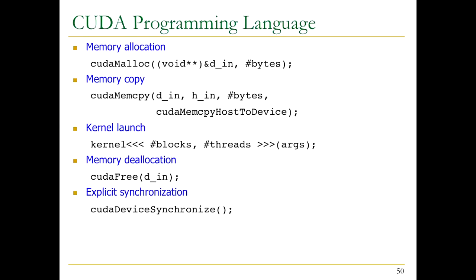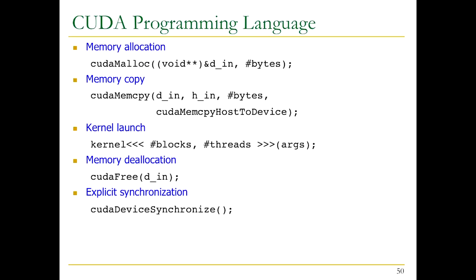This is the syntax of the kernel launch. This is for memory deallocation. And this explicit synchronization is an instruction we need to use in the CPU code when we want to make sure that the kernel has completed. Why is that? Because actually the kernel launch is asynchronous.